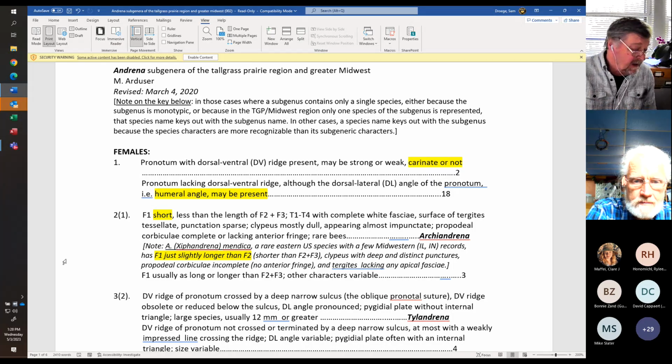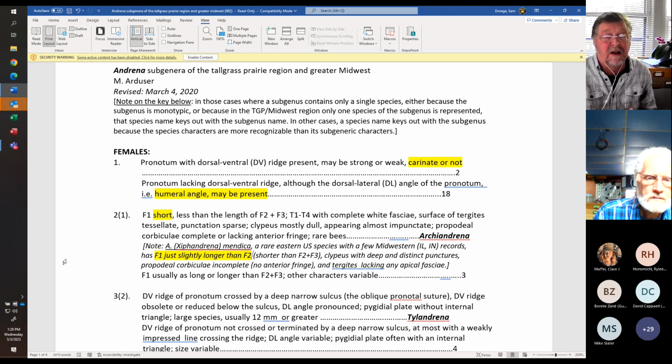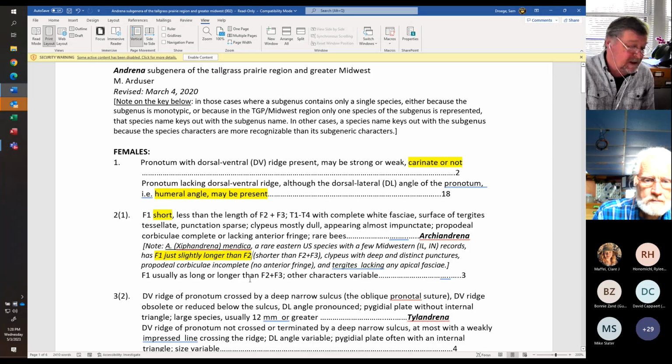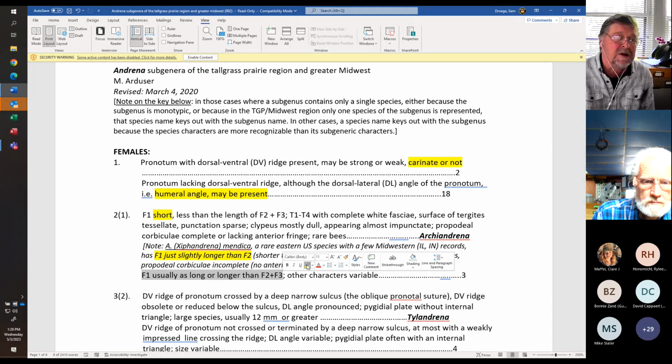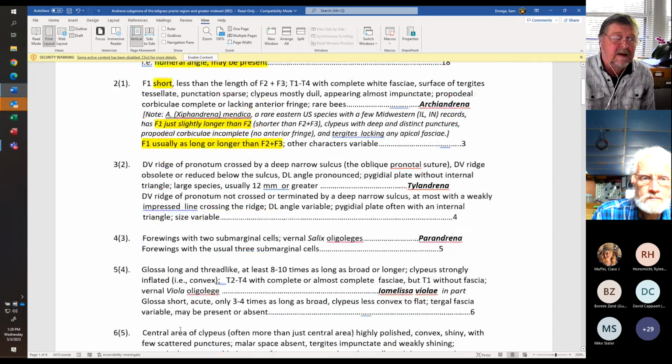This is where the dorsoventral ridge of the pronotum gets crossed or bisected or interrupted by basically a groove. It's a deep, narrow sulcus. It's not hard to miss if your lighting is good and you can see the pronotum. And that is unique to the subgenus Tylandrena, which now, because time marches on, has been merged with Melandrena.